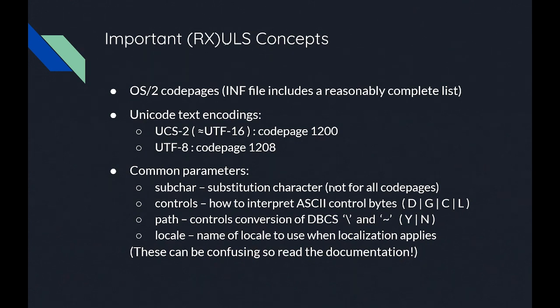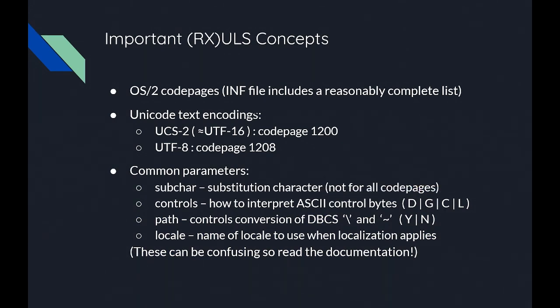A couple of them you may find yourself needing to use from time to time. The one that you're probably most likely to use if you ever find yourself using RxULS is the substitution character. And that is, if I'm converting text to a code page, and that code page does not have a value, like a code point, for this particular character, what do I do with it? And the answer is it replaces it with a substitution character.